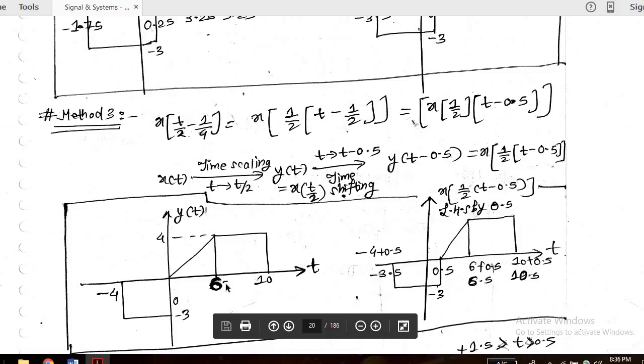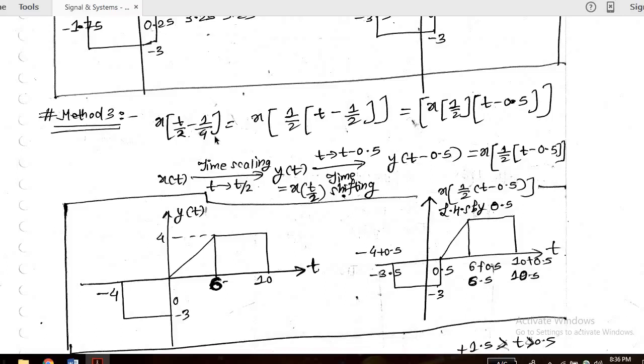As the time expansion has occurred earlier, if it is x of t, I need to shift by 0.25, but since time expansion has occurred, to convey the same shifting, even my shifting value t naught should also expand by the same amount. That is the inner meaning.